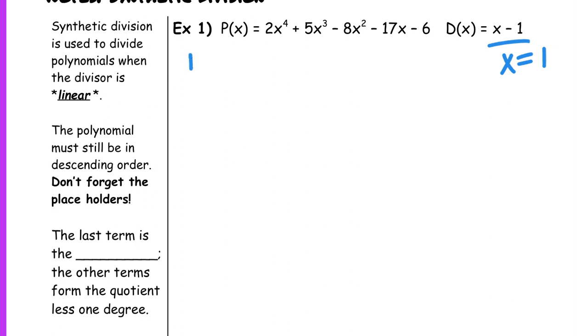So the way we write synthetic division is we take whatever it is we're dividing by, we put it in this nice little box up here. Then we're going to take all our coefficients, 2, 5, -8.